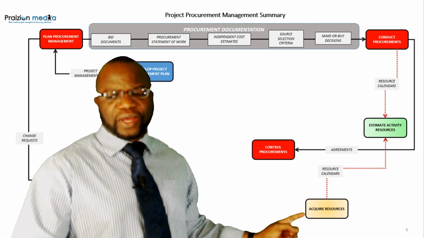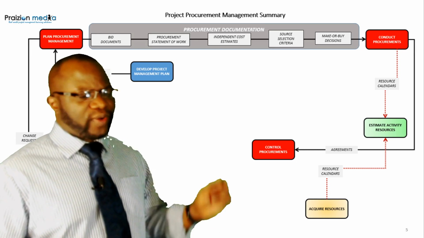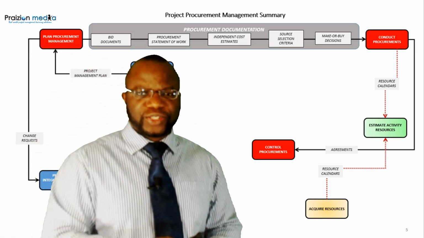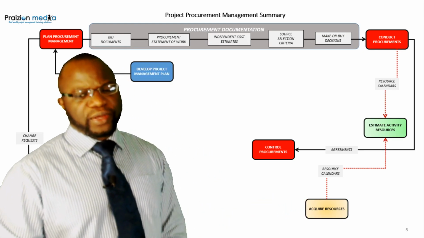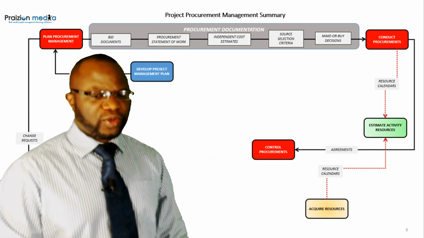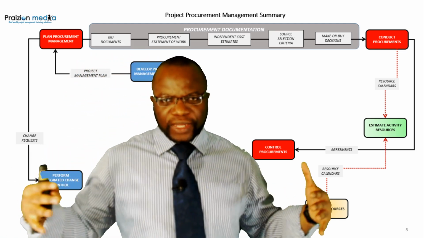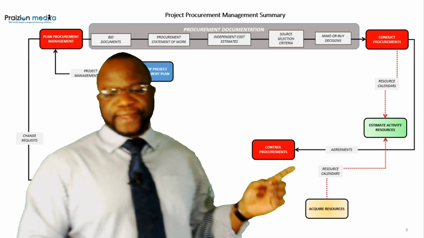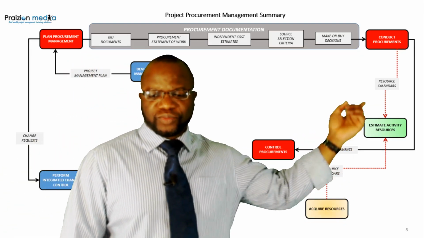You can see resource calendars coming out, going to estimate activity resources, but you can see resource calendars going in here as well from a different direction. Resource calendars come from acquire resources, but they also come from conduct procurements. So you can see a lot of interconnection points, things flowing into one place. Estimate activity resources getting resource calendars from two places is what this shows you.